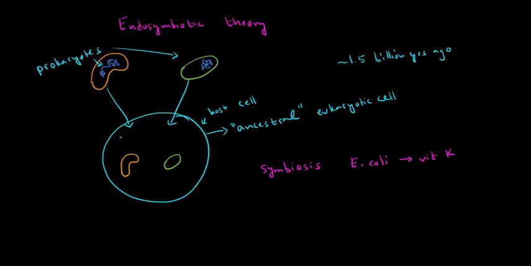So what's going on in the host cell? The host cell gives the mitochondria and chloroplasts a nice place to live and gives them nutrients. And in exchange, the chloroplast makes glucose through photosynthesis, and then the mitochondria takes that glucose and produces ATP. And then that ATP is used as energy.